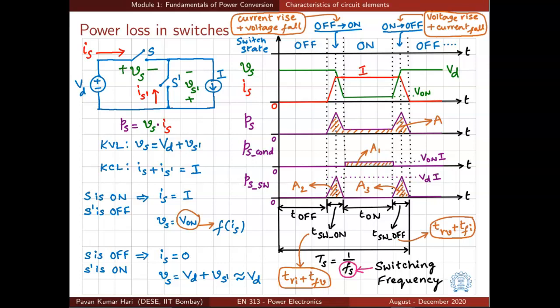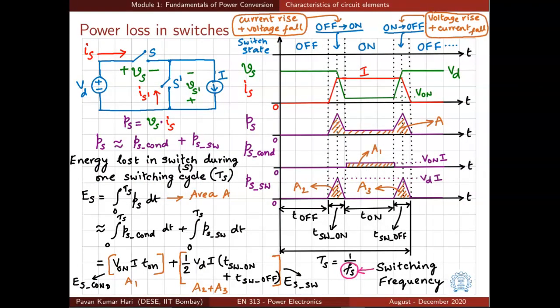So TSW on is the sum of TRI plus TFV, the duration of current rise interval TRI and the duration of voltage fall interval TFV. Similarly, TSW off is the sum of TRV plus TFI, where TRV is the duration of voltage rise interval and TFI is the duration of current fall interval.